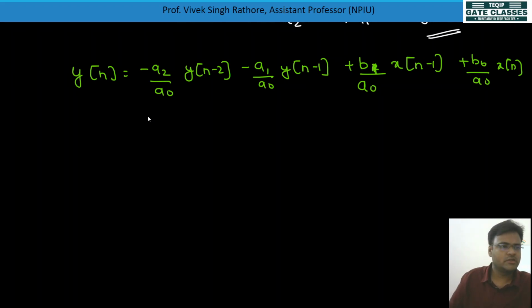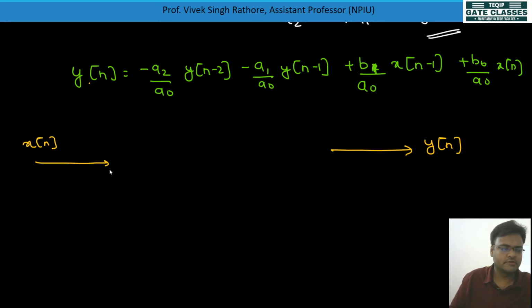Okay, so see, y of n is the output, so we'll make it like this, and here x of n is the input. Now only in between, what is the impulse response, we need to make it. So how will we make it? See, y of n is the combination of all these things, no?